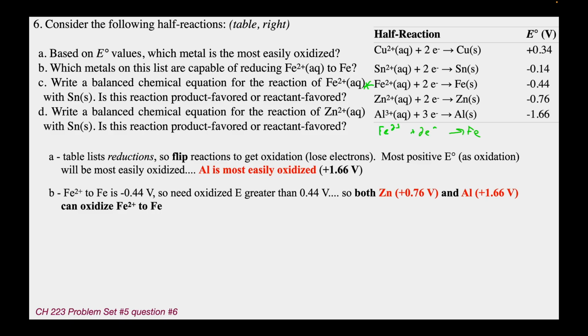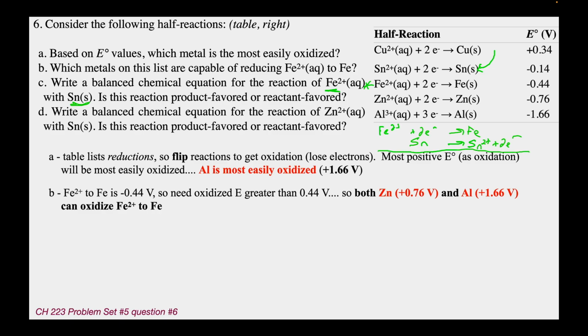So we have the iron 2 plus as a reactant, and we want to have tin metal as a reactant as well. So what we're going to do is flip this reaction around so that we have tin now on the reactant side, and that's going to make tin 2 plus and 2 electrons as products. So we're going to flip it around.